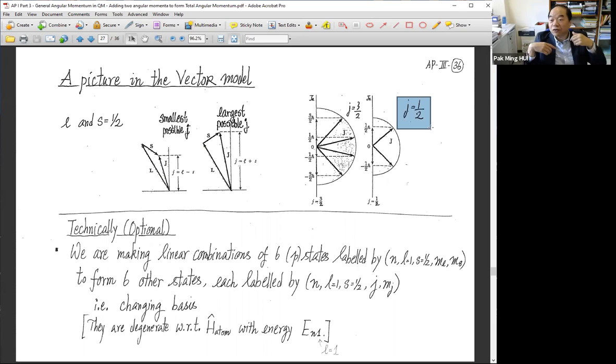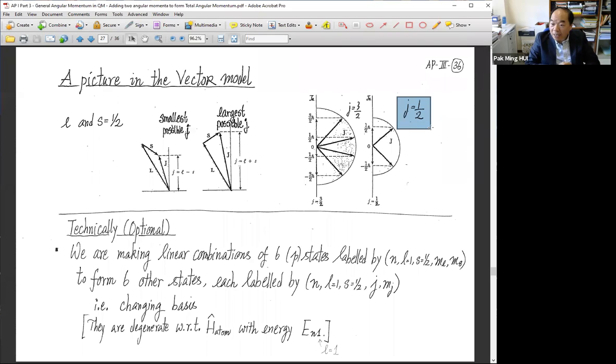So if you carry this picture to adding two spin half angular momentum, so you have two electrons, you can imagine there is one case that you will have half times half that gives you total spin quantum number S is 1. They tend to be aligned in general.